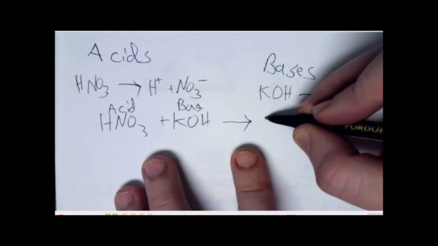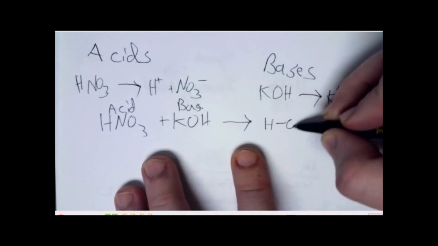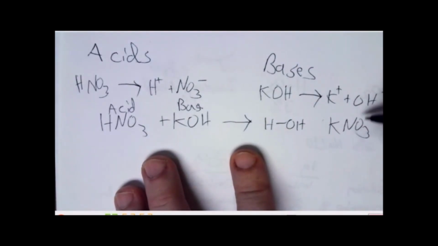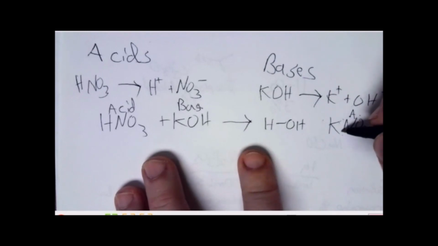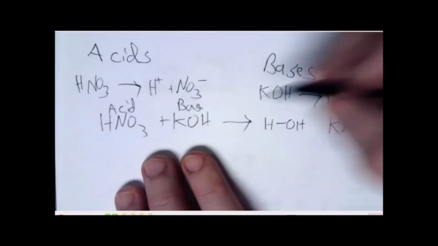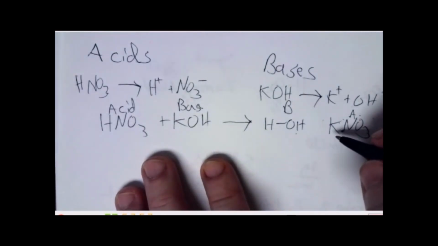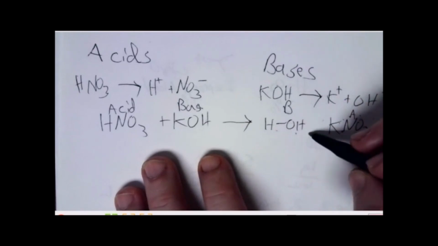We form HOH and KNO3. The acid has given away its proton. If we look at the anion as being the base, it has accepted the proton to form the HOH.